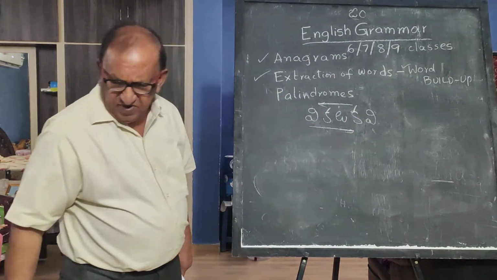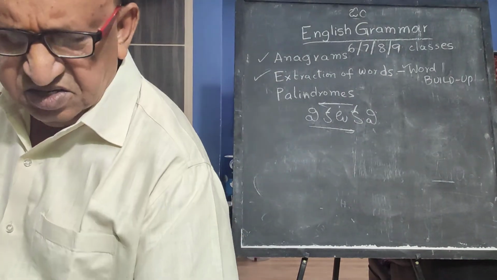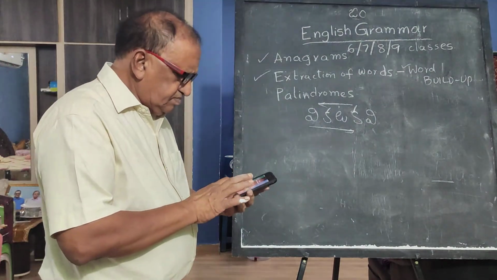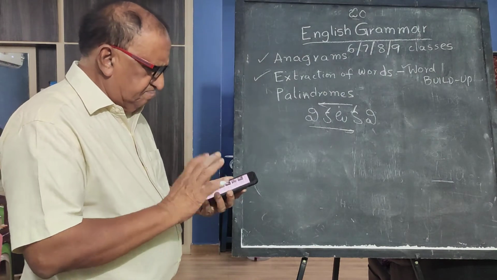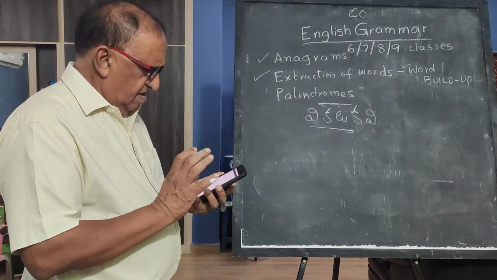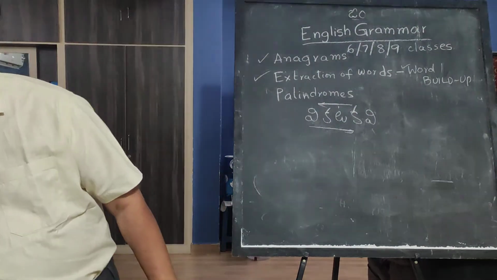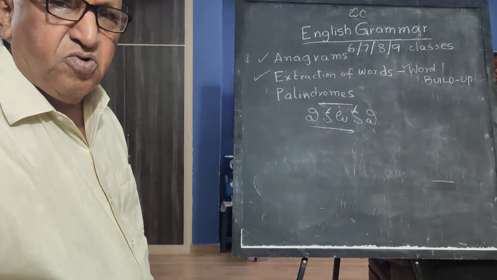Okay. Let's go with some examples where you have palindromes. I couldn't find the chapter in the textbook where it is written, so what I did is I went into Google.